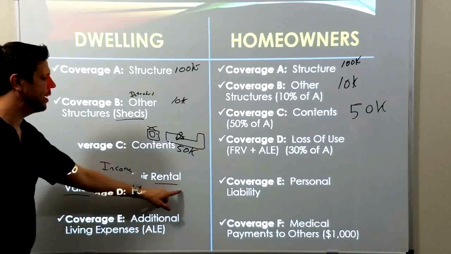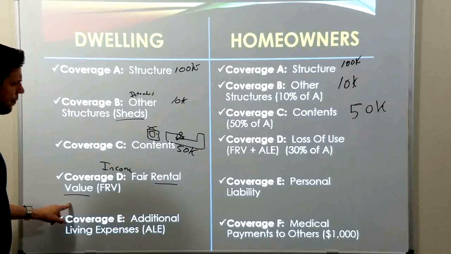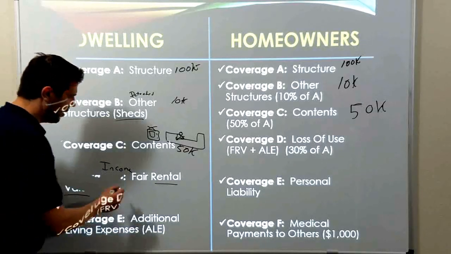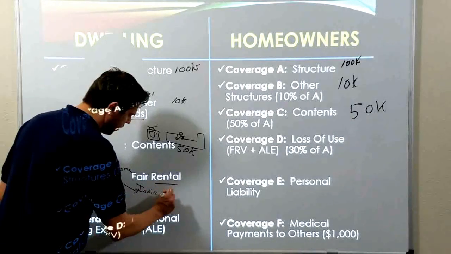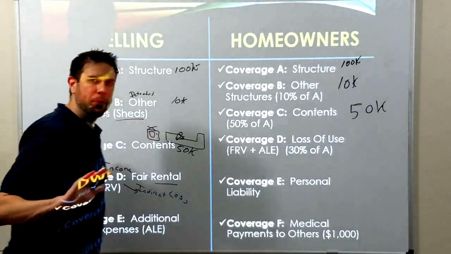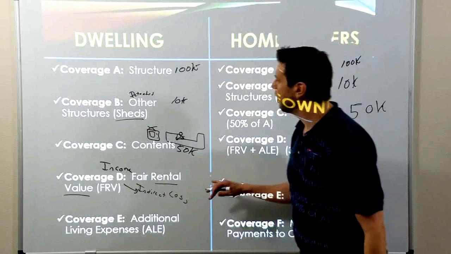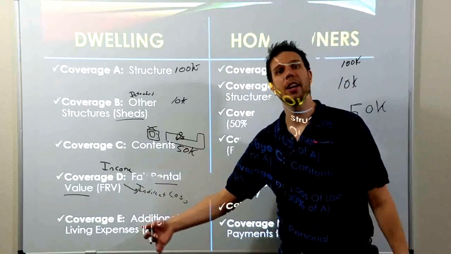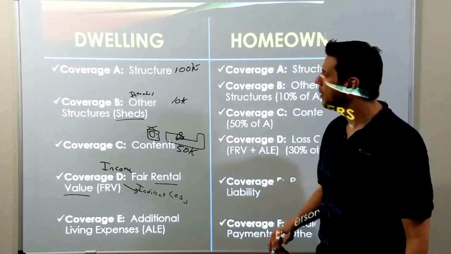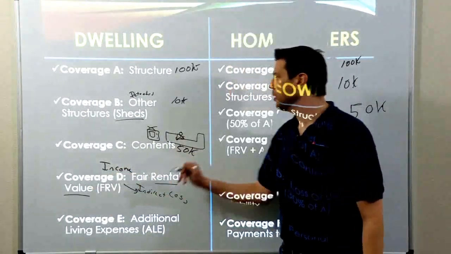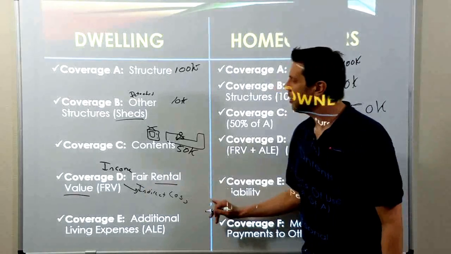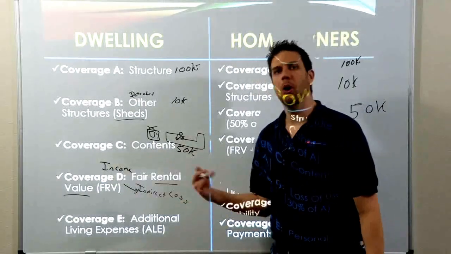So you could have rented it out, so it'll give you your income. Coverage D is an indirect loss. If you remember from earlier, indirect losses are losses of income that occur over time. So coverage D under dwelling is known as fair rental value. It's an indirect loss that pays you income over time.